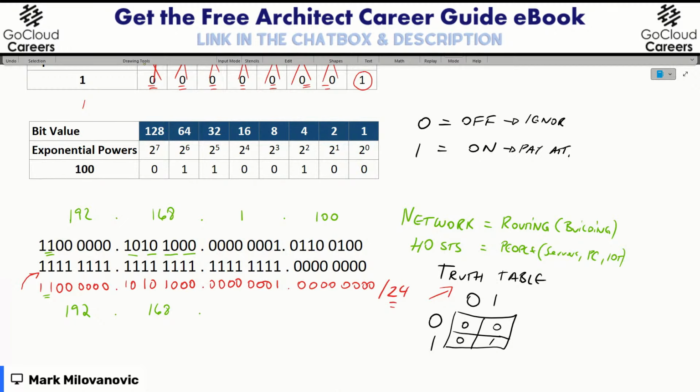Next, I'm going to look at the third octet, the third position of interest. And here I'm going to see that every bit is set to 0 except the last one, which would equal 1. And in the end, everything is set to 0, and it's 0.